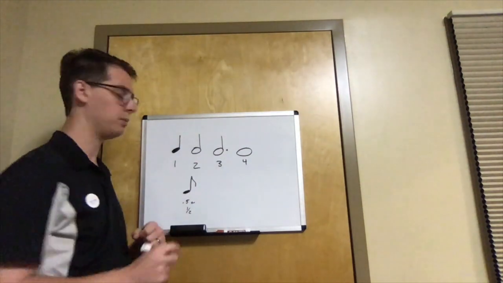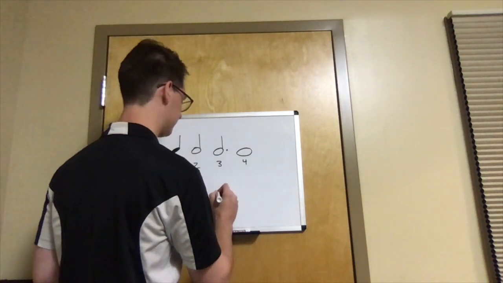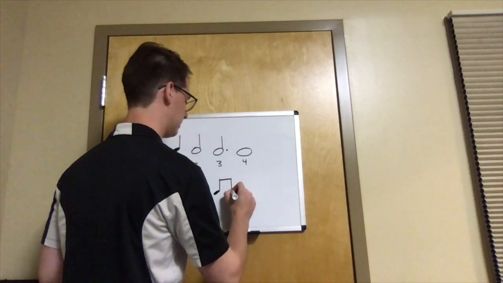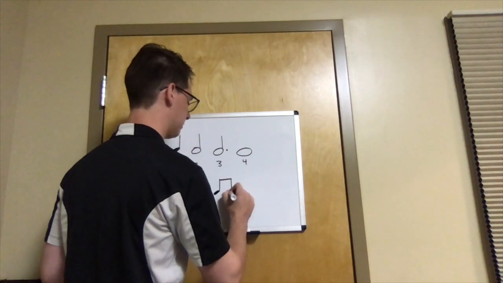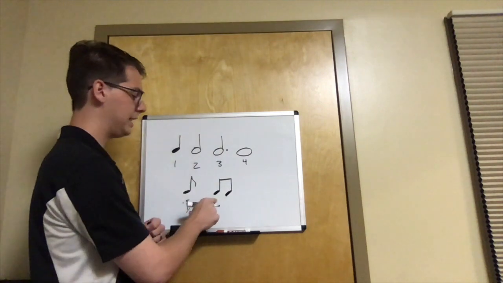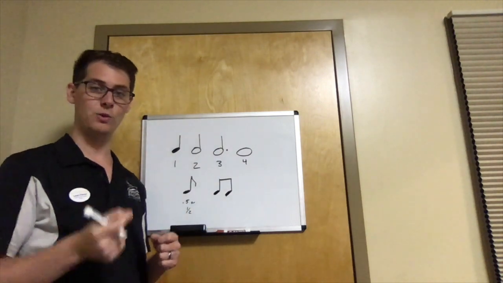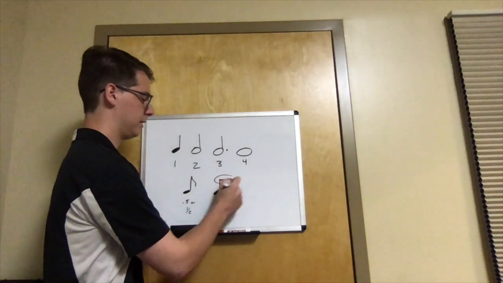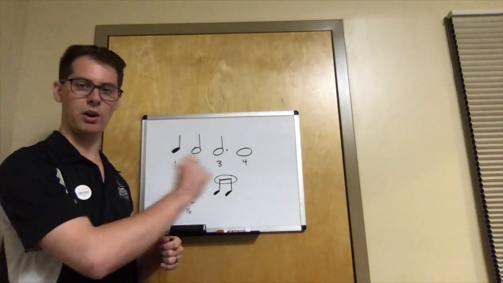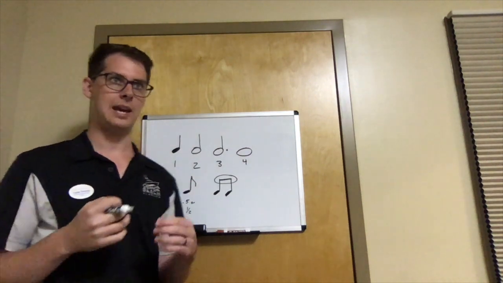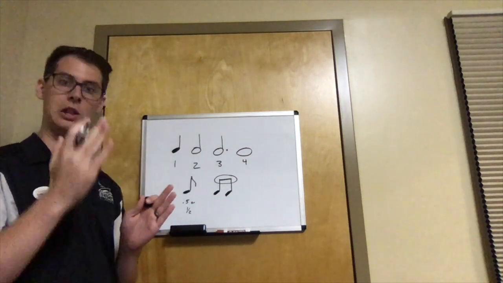Now I do want to show you one more thing. So these two notes here are just two eighth notes connected together. We have this bar that goes over the top that connects them. And many times eighth notes follow each other.